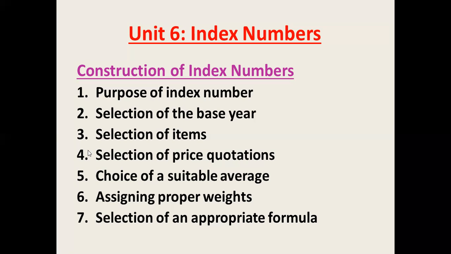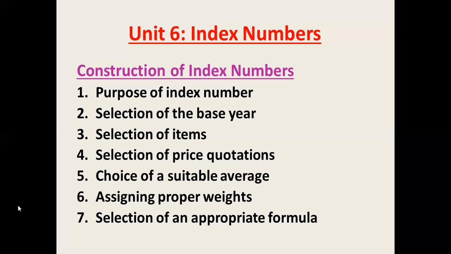Then the next point is the selection of the items. The commodities to be selected depend upon the purpose or the objective of the index number to be constructed. But the number of commodities should be neither too large nor too small. It is necessary to select a sample of items to be included in the construction of the particular index number.